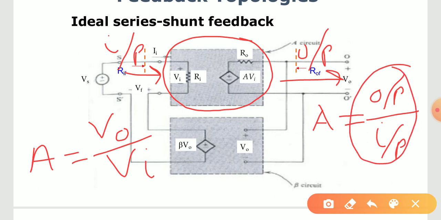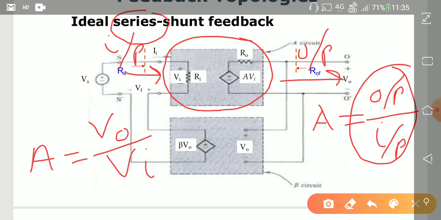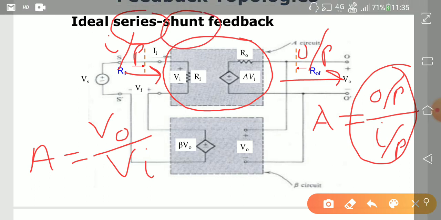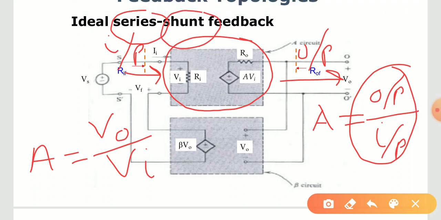And the reason the parameter is chosen as the V0 voltage, and the input side is also voltage, is that for the series case the mixing occurs for the voltage, and for the shunt case the sampling is the voltage one.